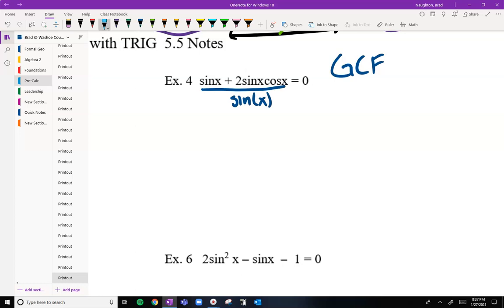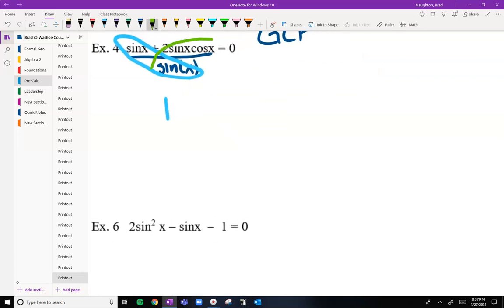So when you divide that out, I tell my freshmen that, hey, this is called Hart division. So sine over sine is going to be 1. And then when I go into this side right here, I'm going to get a plus 2 cosine x. Because the sines cancel, and what we have left is the cosine. Well, your GCF still has to go in front, so don't just cancel it out.